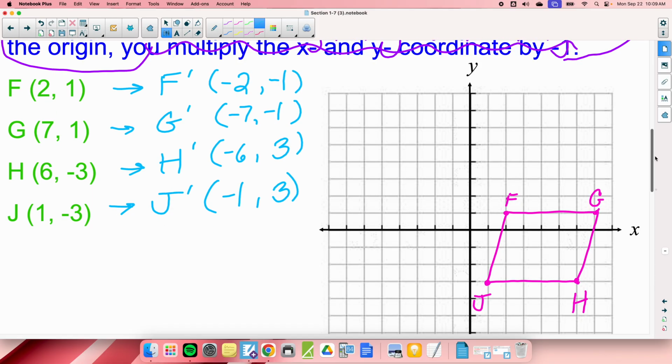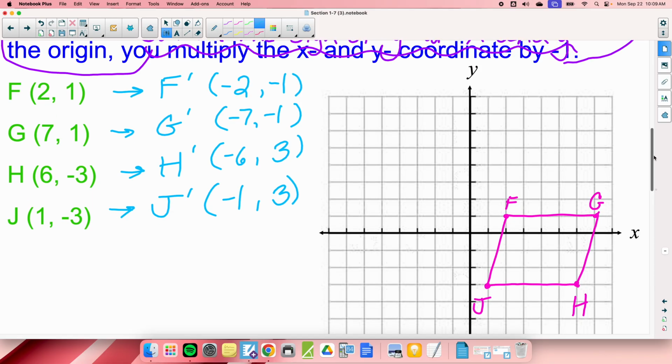And then we're gonna plot those points. So we're gonna go -2, -1, and put an F prime there. G is at -7, -1, so we're gonna put a G prime. H is at -6 up 3, so that's our H prime.